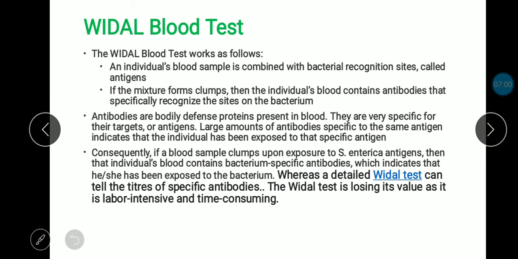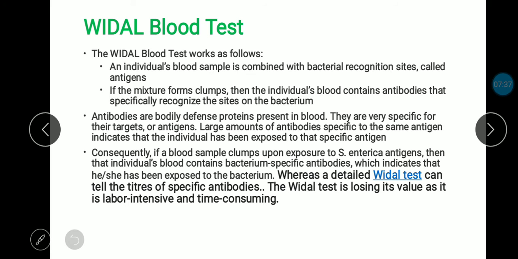A large amount of antibodies specific to the same antigen indicates that the individual has been exposed to that antigen. Consequently, if a blood sample clumps upon exposure to Salmonella enterica antigen, then that individual's blood contains bacterium-specific antibodies, which indicates that he or she has been exposed to the bacterium.